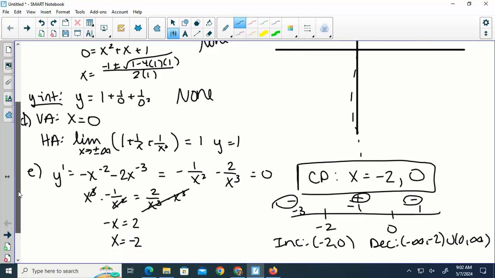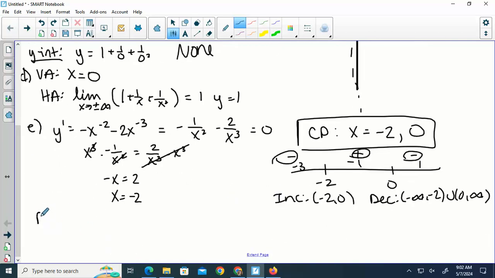All right, then I asked you for max and min. So if you go from decreasing to increasing, that is a min. We need the ordered pair, so if you put negative 2 into the original, it would be 1 minus 1 half plus 1 fourth.